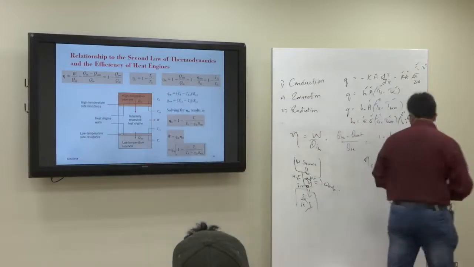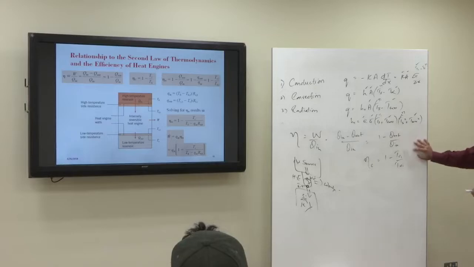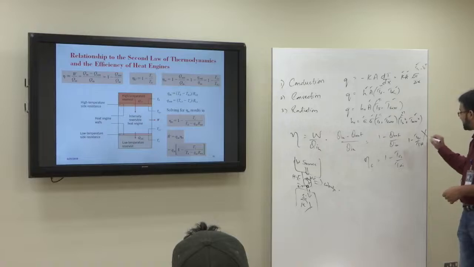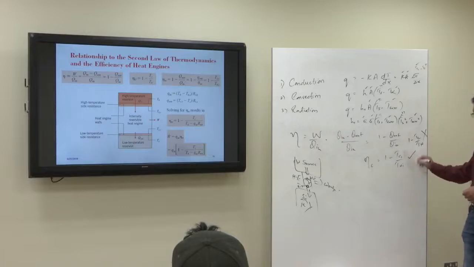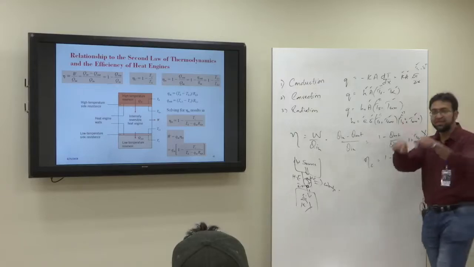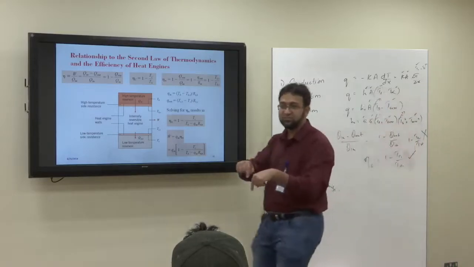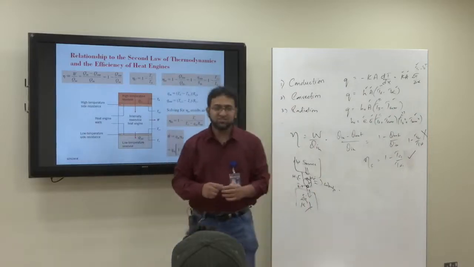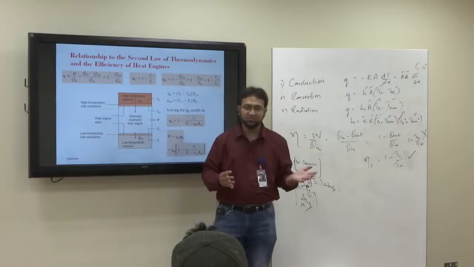So now we know that 1 minus TC upon TH is wrong. We know that 1 minus TCI upon THI is right, but it has one problem. Although this equation is correct, we need to find TCI and THI. That means we need to go into the cycle to find these temperatures, which is quite a hectic thing. It's easy to find the source and the sink temperature.